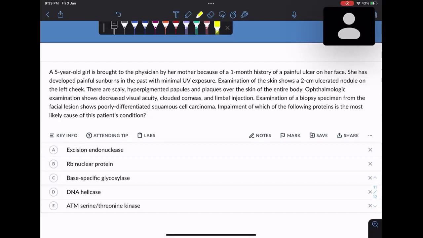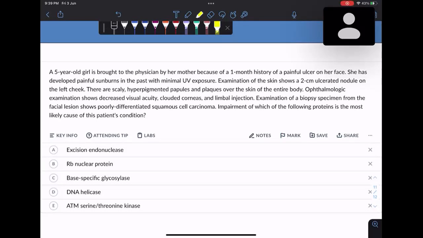Ophthalmologic examination shows decreased visual acuity, clouded corneas, and limbal injection. Examination of a biopsy specimen from the facial lesion shows poorly differentiated squamous cell carcinoma. So it's a type of cancer.